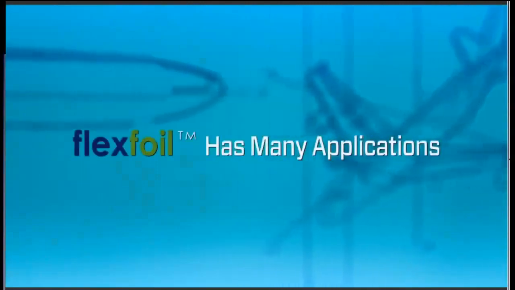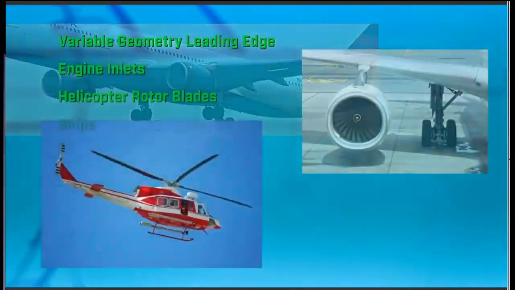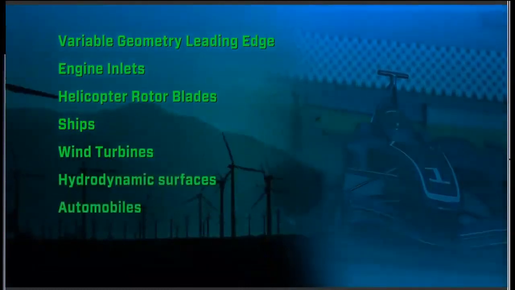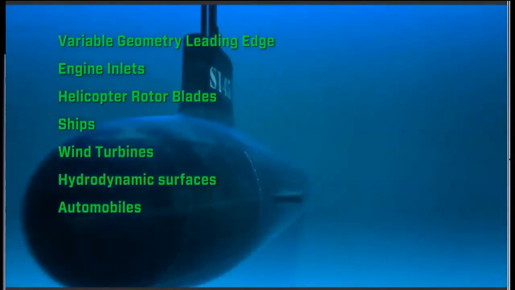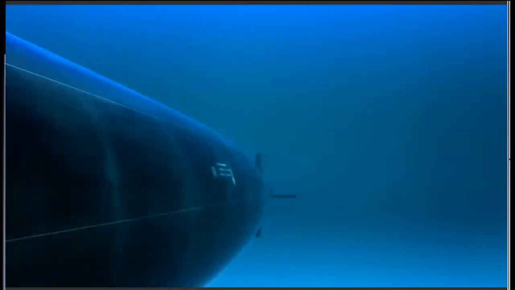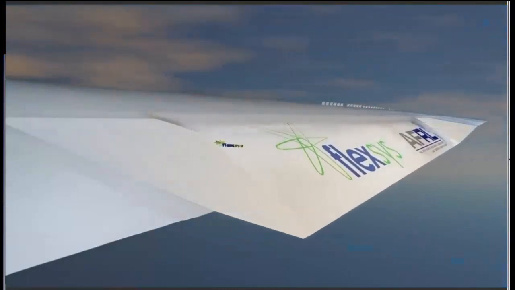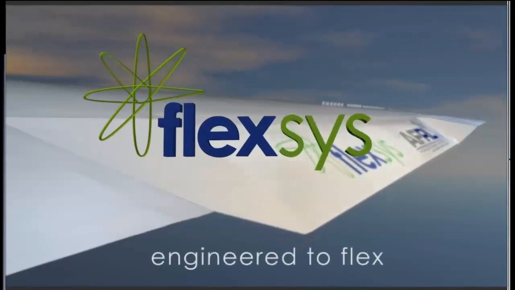Flexus technology has many other applications, such as variable geometry leading edge, engine inlets, helicopter rotor blades, ships, wind turbines, and hydrodynamic surfaces or fluid pumps. The performance of any object moving through a fluid medium can be maximized through Flexus variable geometry technology. What can you do with this technology? We invite you to consider the possibilities. Flexus, engineered to flex.